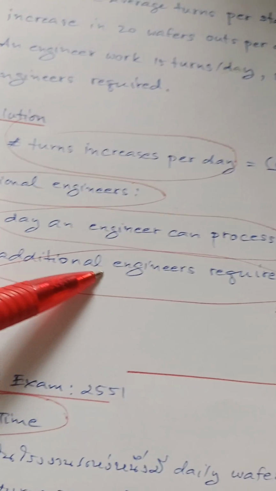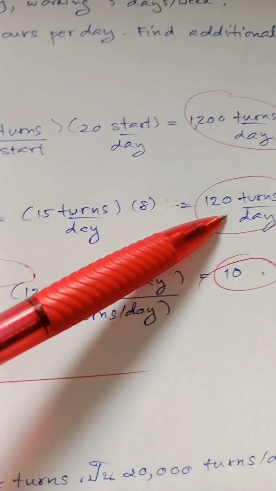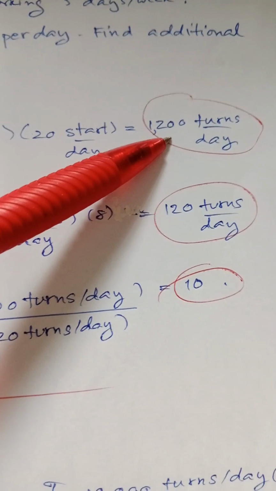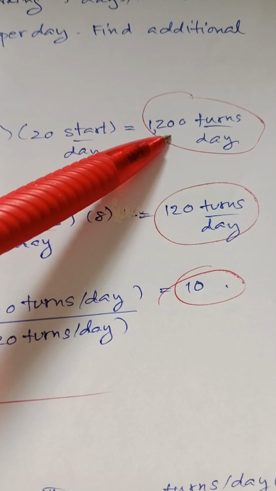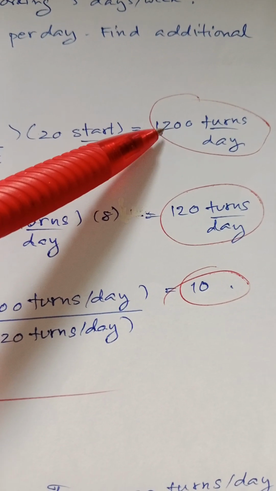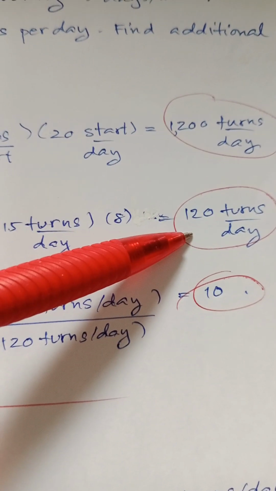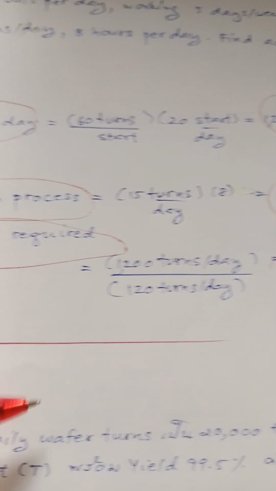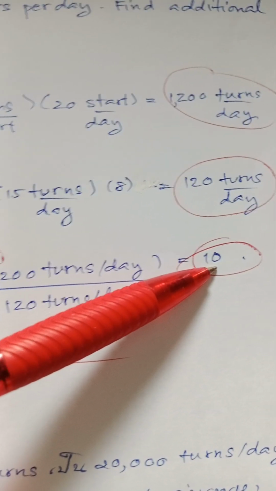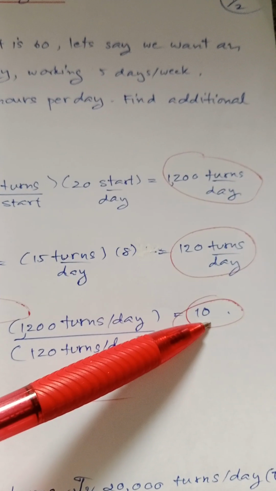For one engineer working for one day you can process 120 turns, but the additional turns per day is 1,200. So you simply divide 1,200 by 120 turns per day, and that gives you the number of additional engineers. Okay, just repeat that again. It's quite straightforward.